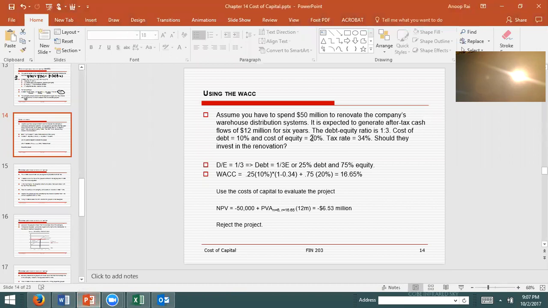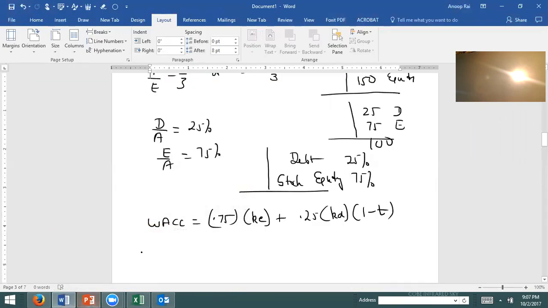Debt is 10%. Tax rate is 34%. So equal to 0.75, 20%. We can actually put the full number; we don't have to put a point. Plus 0.25 times 10%, times 1 minus the tax rate.